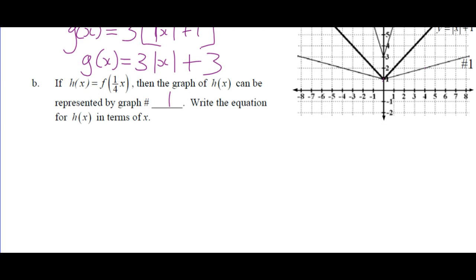Write the equation for h of x in terms of x. Okay, so what are we going to write?